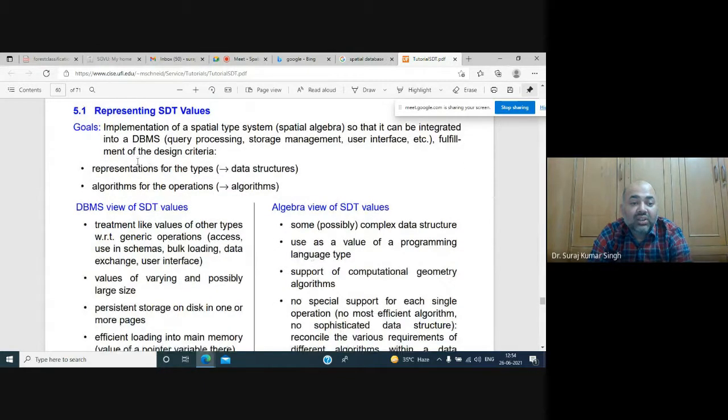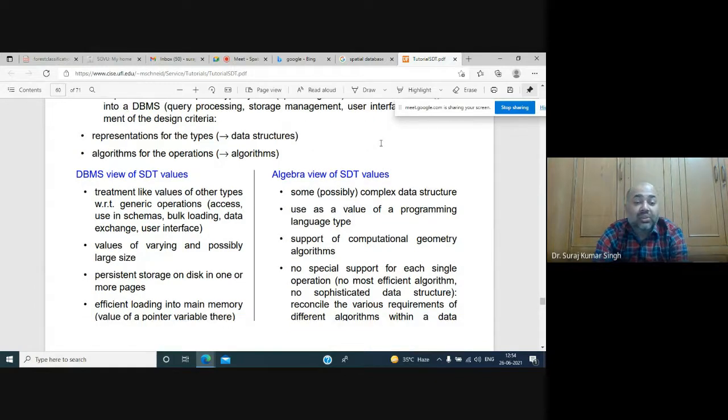The tools and the data representation is implementation of spatial data system, spatial algebra, so that it can be integrated into DBMS for query processing, for storage management, for user interface and fulfillment of different criteria. And finally, we'll be going for the representation of the type, data structure, algorithms for the operations.